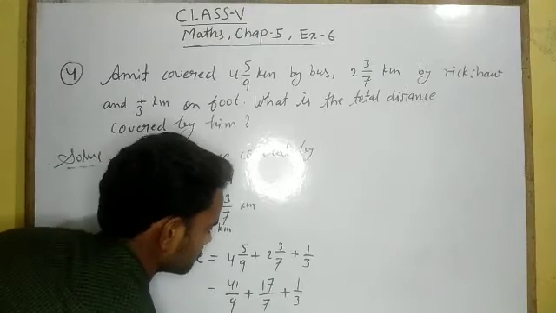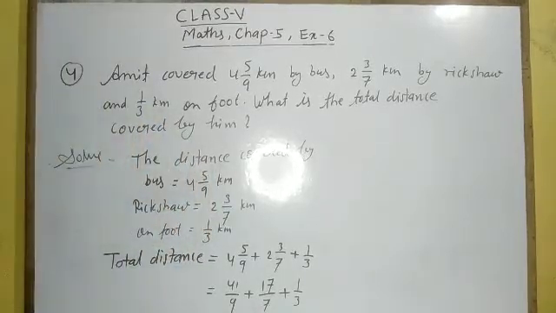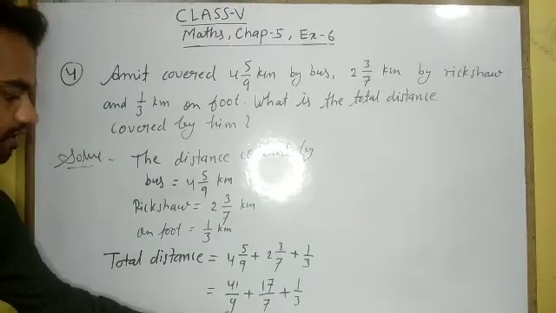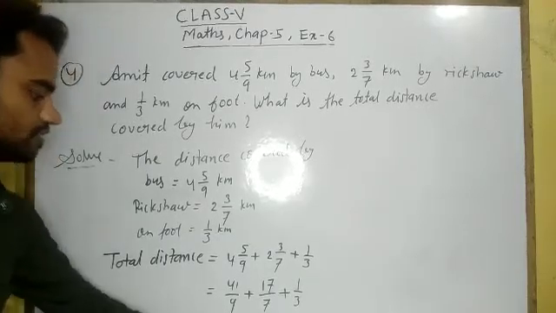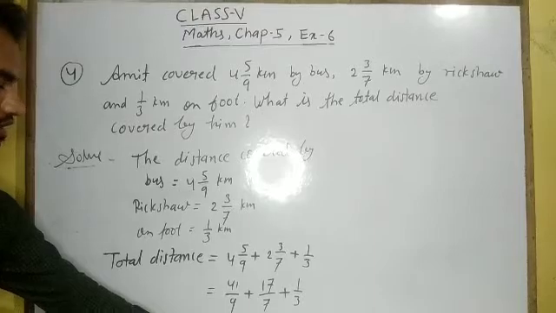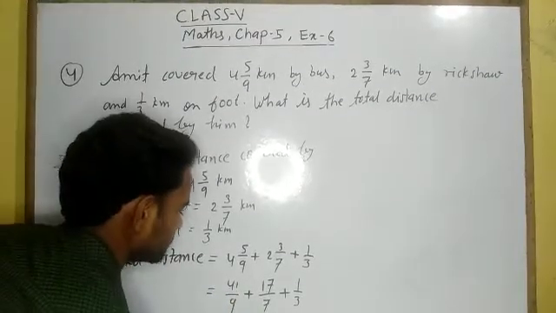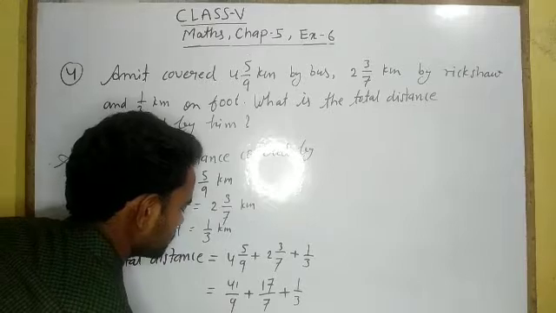Now 63 divided by 9 is 7, then 7 times 41 is 287.